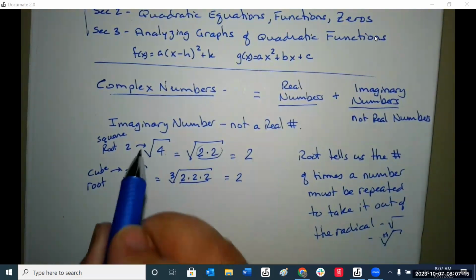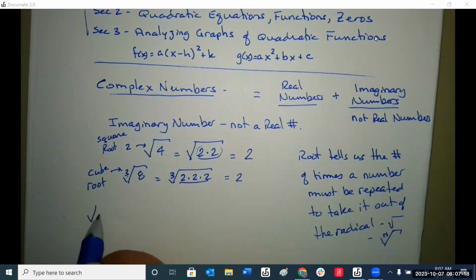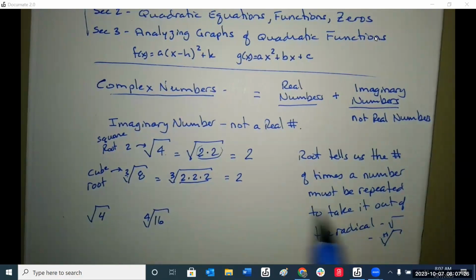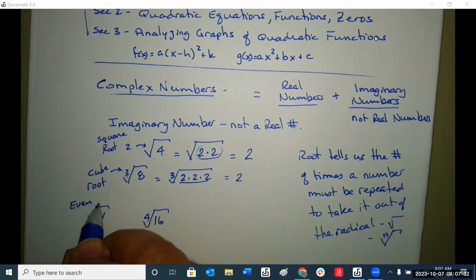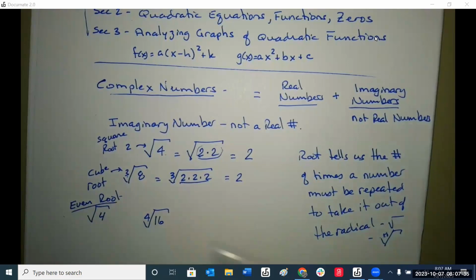If we have a square root, if it's even, let's say a square root or a fourth root, or sixth root, eighth root, if the root is even. So 2 times 2 is 4. 16 is made up of 8 times 2. 8 is made of 2 times 4. 4 is 2 times 2.